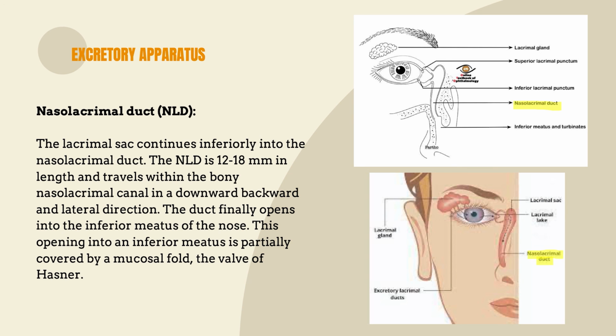As seen in the picture, the lacrimal sac continues inferiorly into the nasolacrimal duct. The nasolacrimal duct is 12 to 18 mm in length and travels within the bony nasolacrimal canal in a downward, backward, and lateral direction. The duct finally opens into the inferior meatus of the nose. This opening is partially covered by a mucosal fold, the valve of Hasner.